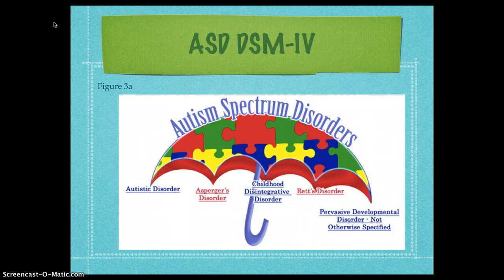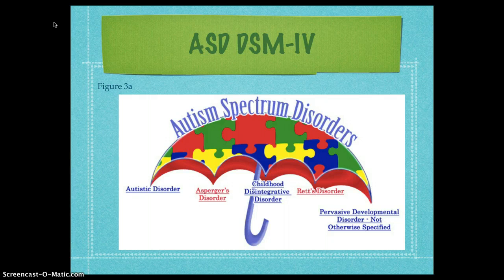That one over there on the end means we know that there's something developmentally going on with this child, but we just can't pin down one of those other 4 things. They might not necessarily meet some of the criteria for all of them, or not enough of them. We know there's a developmental thing going on, we're just not quite sure what it is, so we will say it's PDD, not otherwise specified.